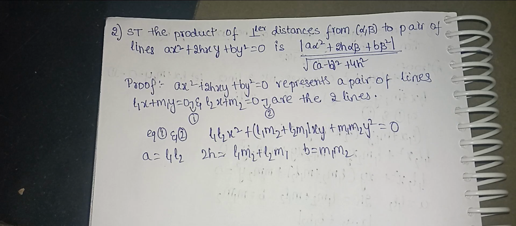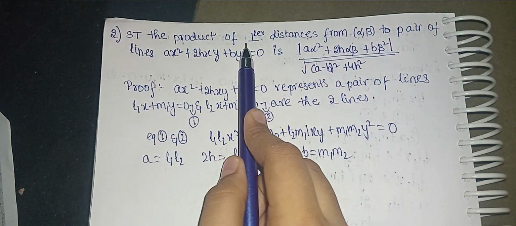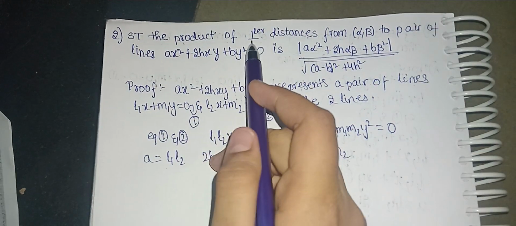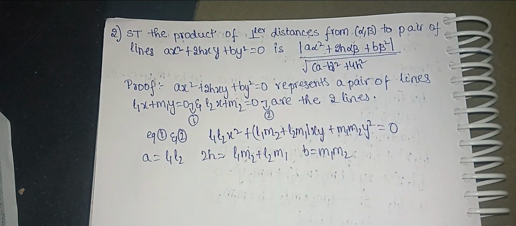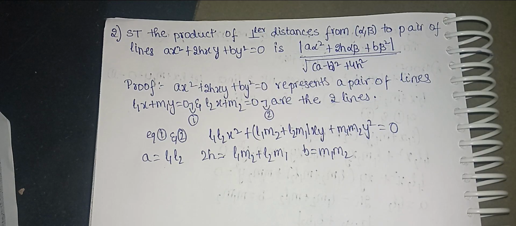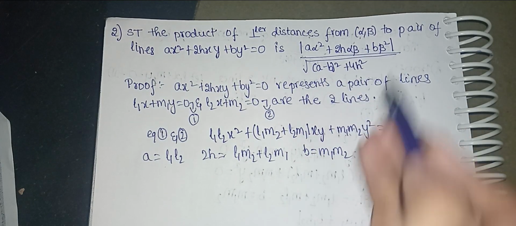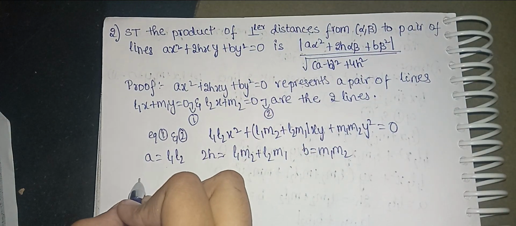Next, what should we do? Come on. Do you have any idea? They ask product of perpendicular distance from alpha comma beta. Now write.